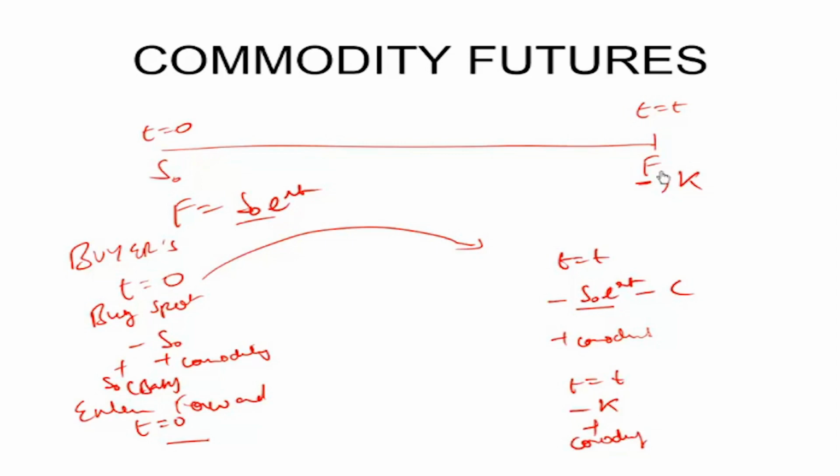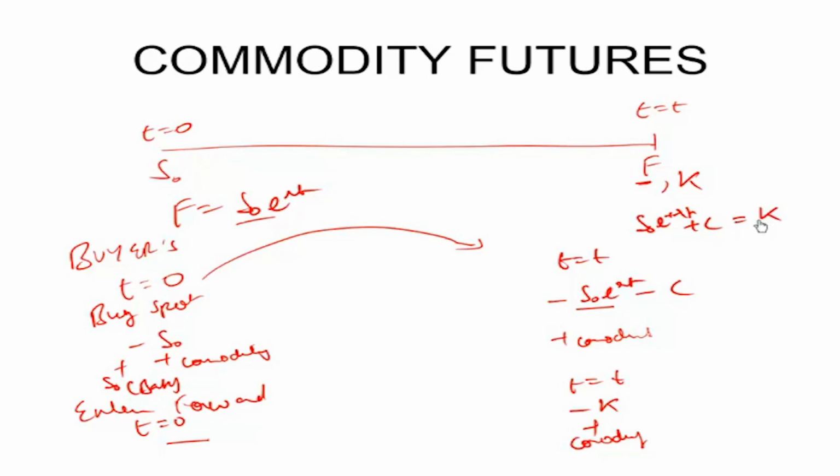Assuming the forward price is K, that's what he has to pay because he is long. In both cases, he is getting the commodity. In the first case, he has to pay the price of S0 e raised to power RT plus the storage cost. And in the forward, he just has to pay K.